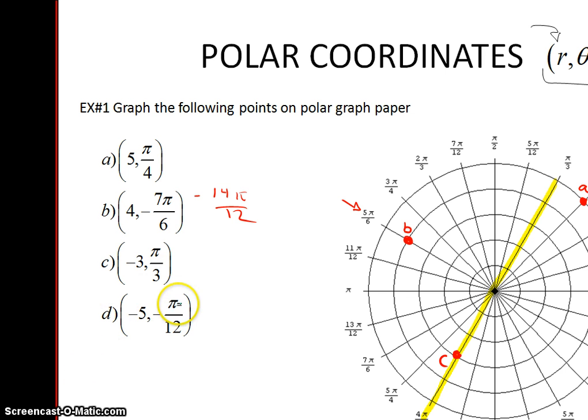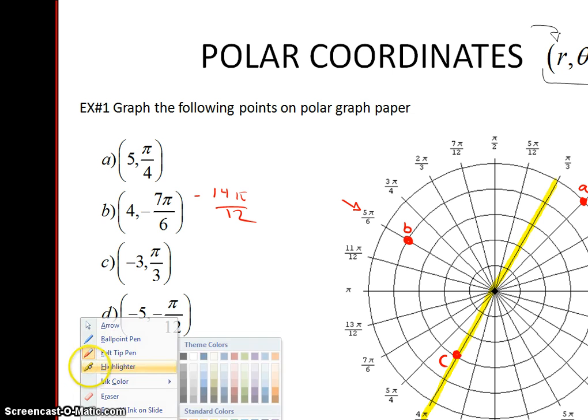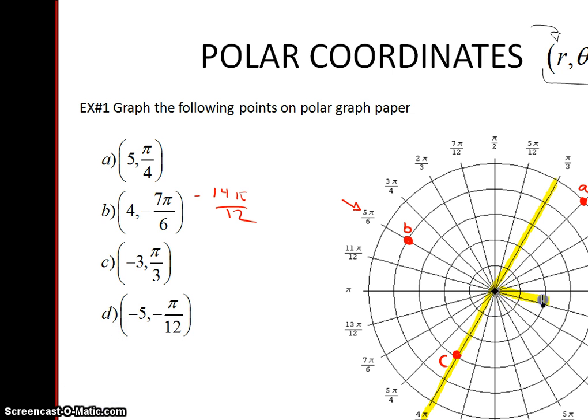And then for D, we have minus pi over 12, so we know to go in the negative direction, on the minus pi over 12 line. The negative angle tells you to go clockwise, so we went clockwise pi over 12.